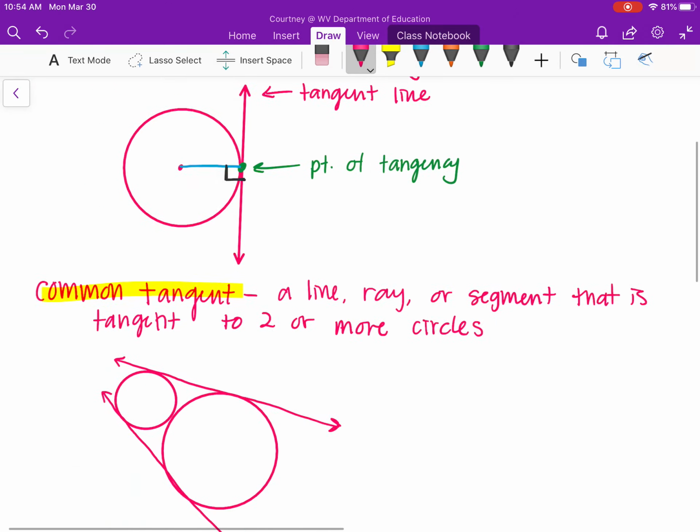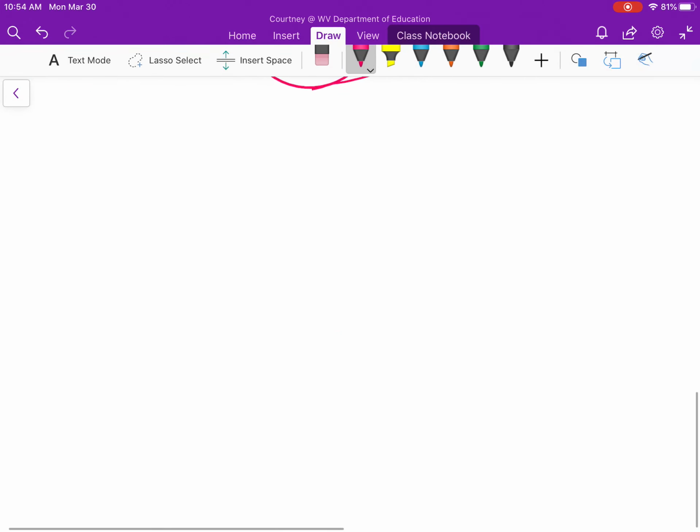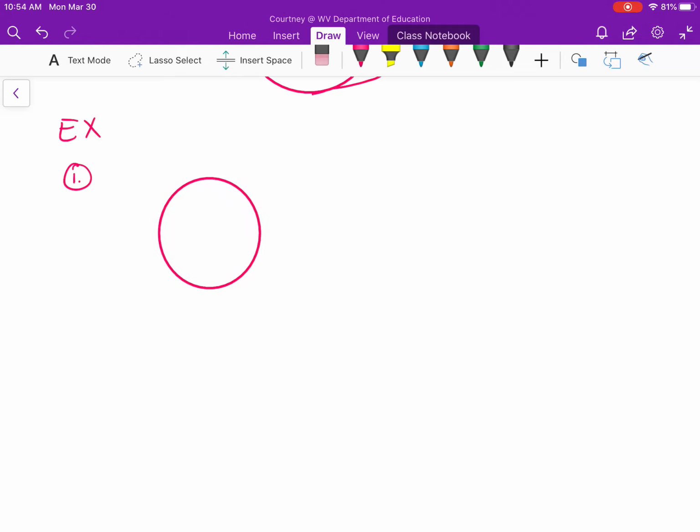We have 4 examples. Okay, so example number 1. We have a circle. And we have the radius. Here's the center, K. The radius, KL. And we have a tangent line.